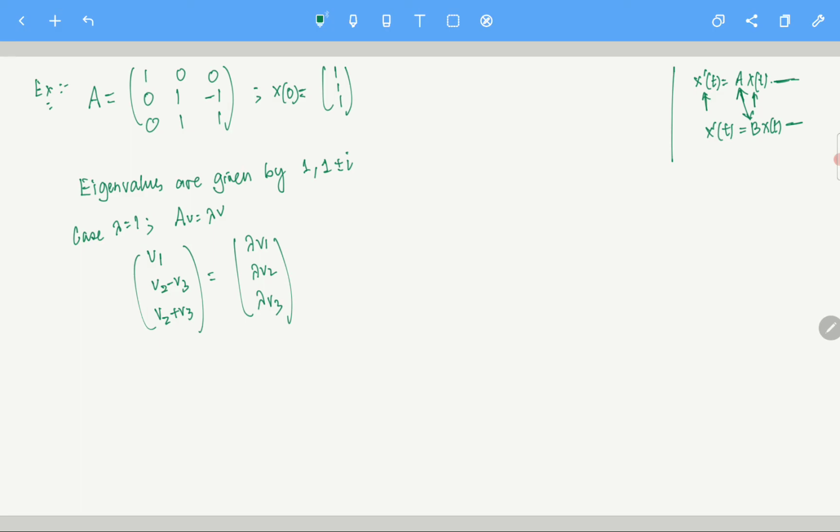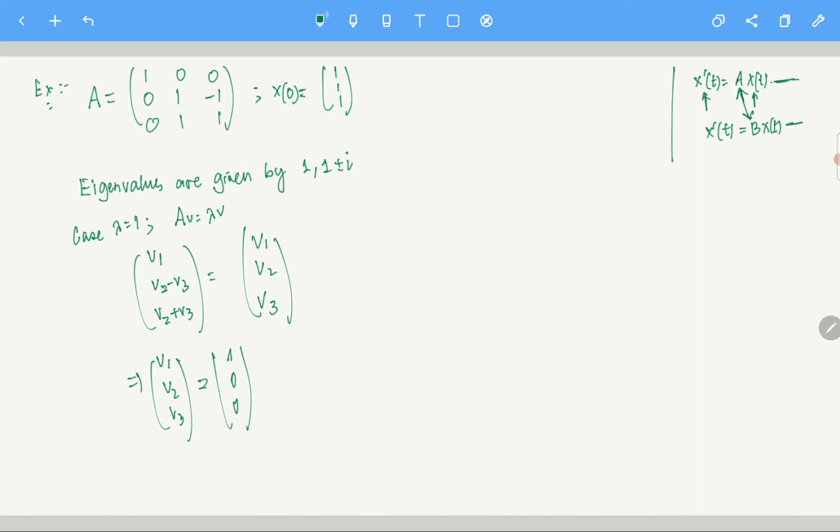So essentially you have that lambda is 1, and if you equate all these things, v1, v2, v3 can be chosen as (1, 0, 0). That is a valid choice of eigenvector.